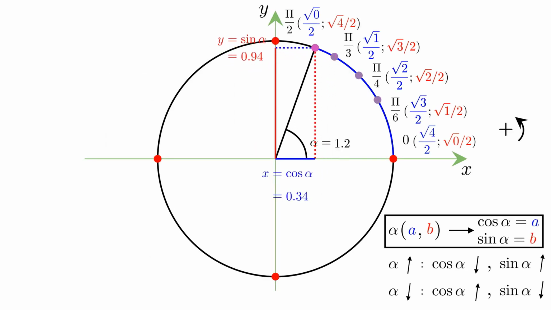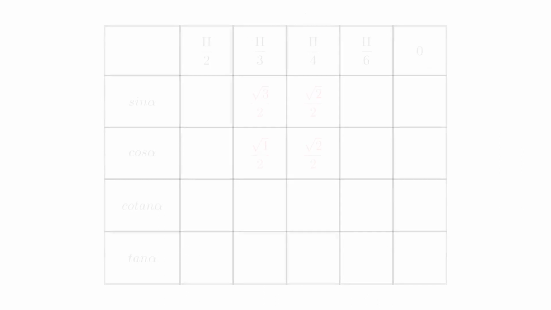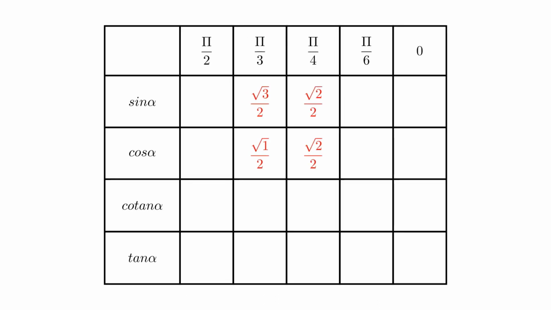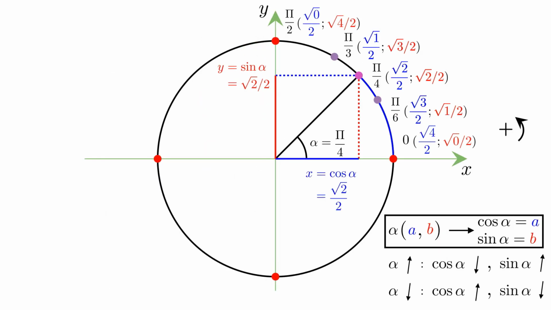Continuing to increase alpha until it reaches pi over 2. The value of cosine will decrease to the square root of 0 divided by 2. The value of sine will increase to the square root of 4 divided by 2. Next, from the position of angle pi over 4, we decrease alpha until it reaches pi over 6.